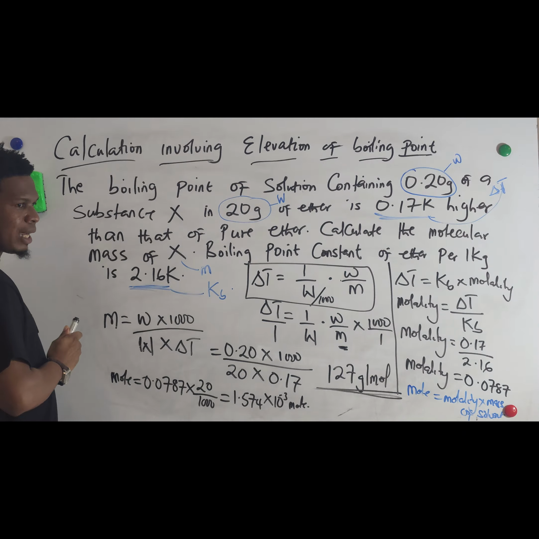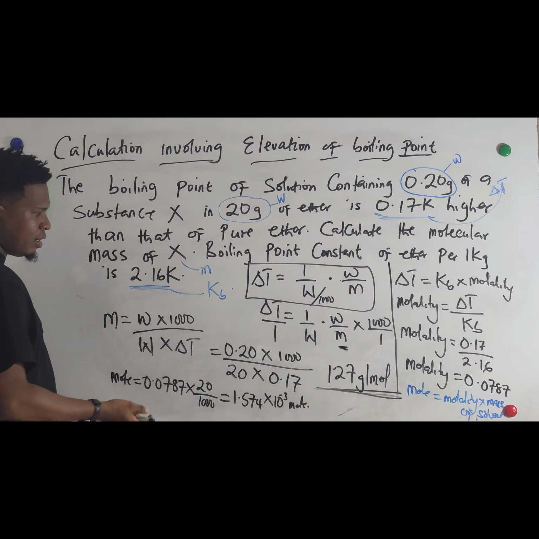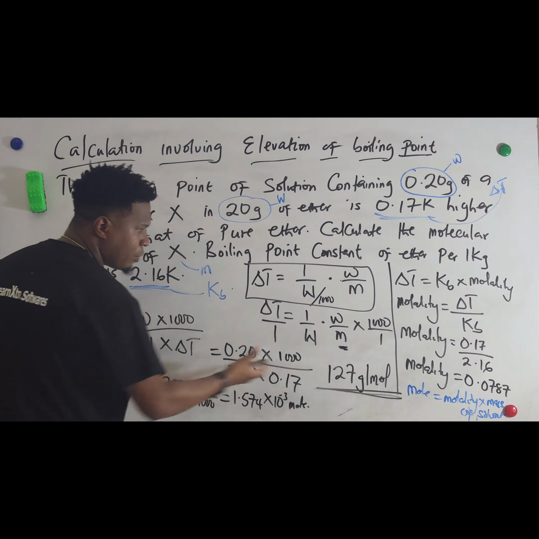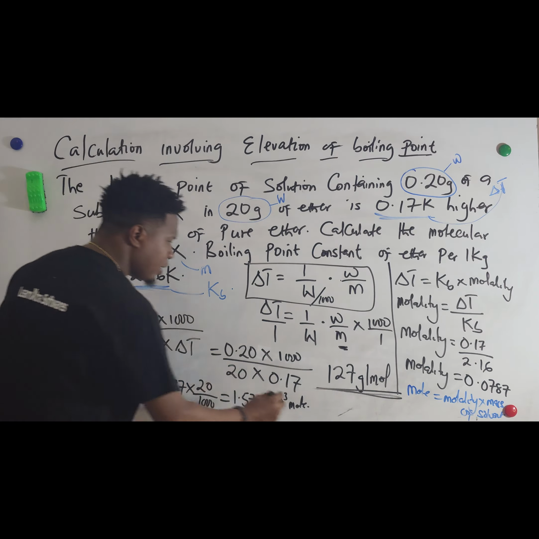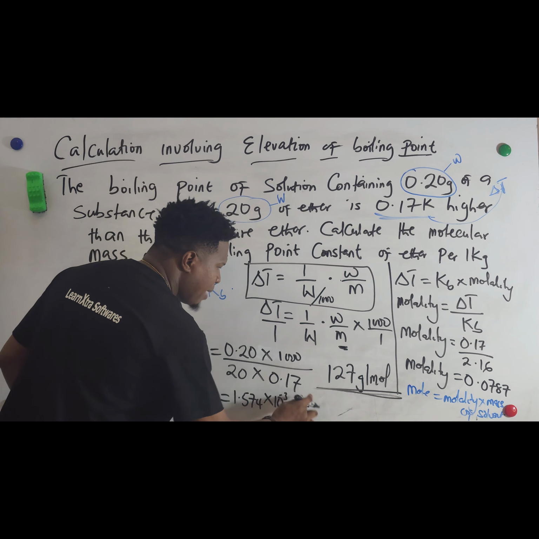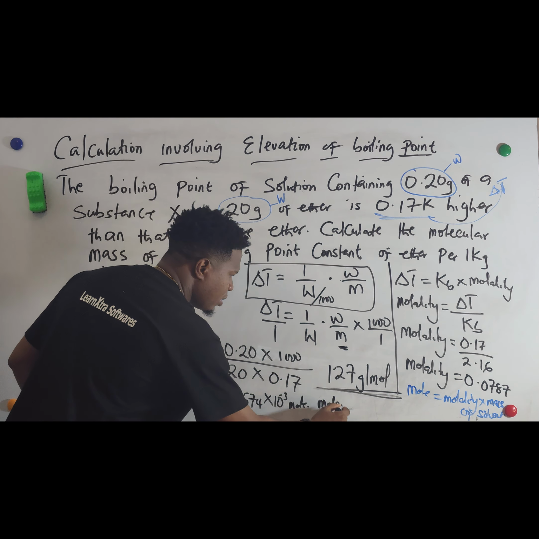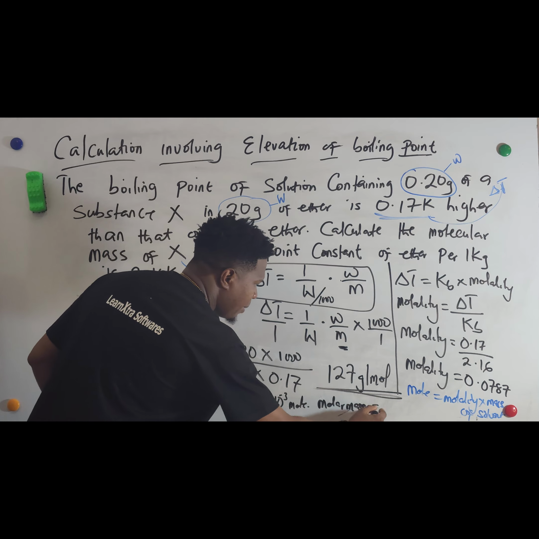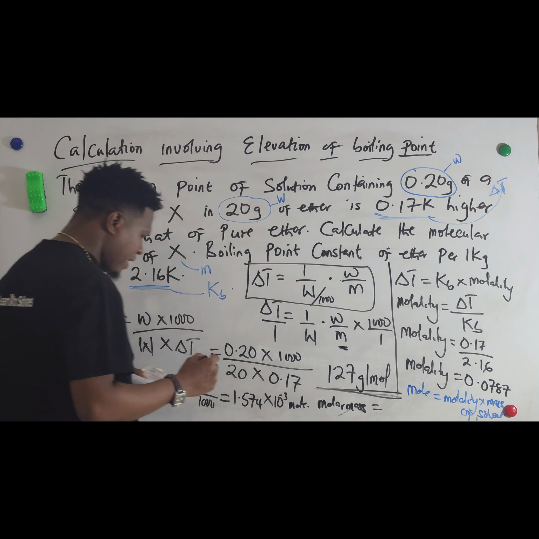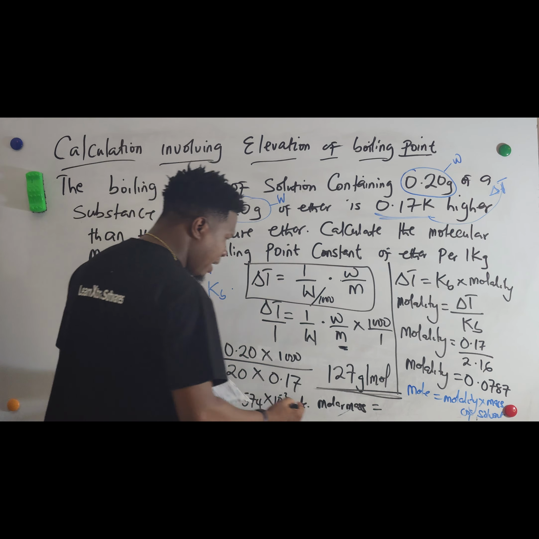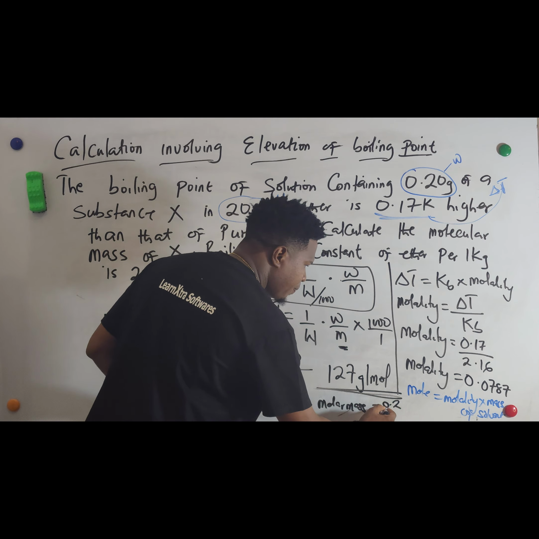So from the mole, you can get the molar mass. We are going to get the same thing that we got here. So molar mass, or molecular mass, is equal to dividing the mass by the mole, and the mass is 0.2. Okay?